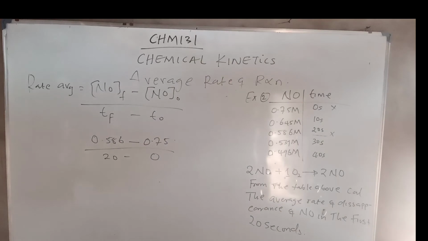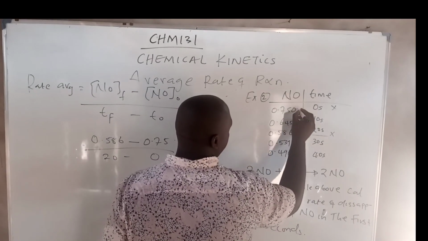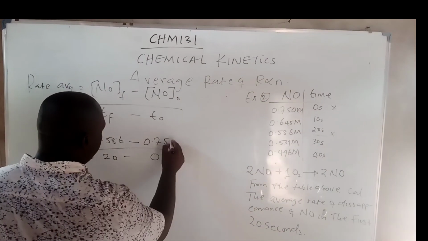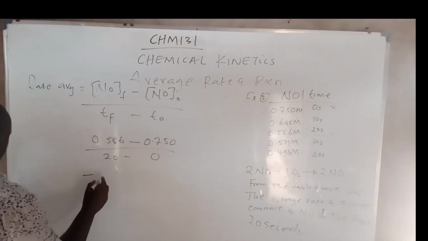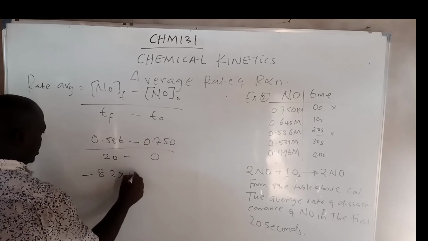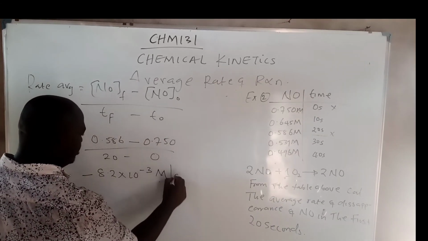Punching this in your calculator will give you minus 8.2 times 10 raised to the power of minus 3 molarity per second.